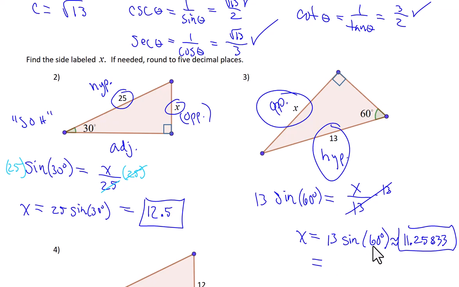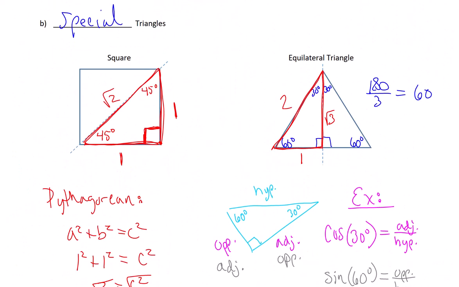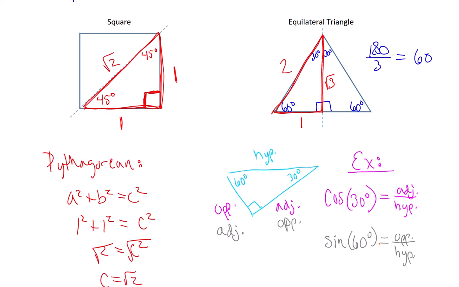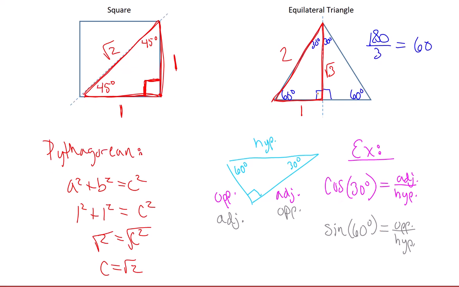In that case, we could use the special triangle ratios we knew above. We're looking for ultimately the sine of 60 degrees. That's what we're trying to calculate. If you go back up to the special triangles we did, we have a 30, 60, 90 triangle, and the way it's labeled, we could find the sine of 60. We started with it earlier, but we didn't finish it, so I'm going to do that now.